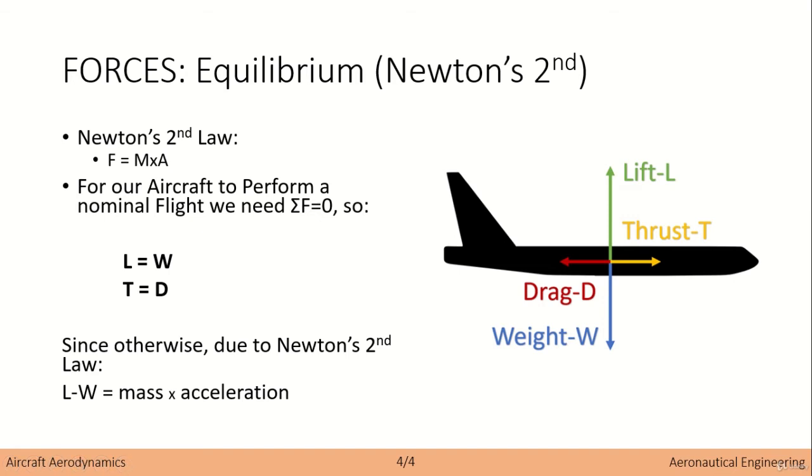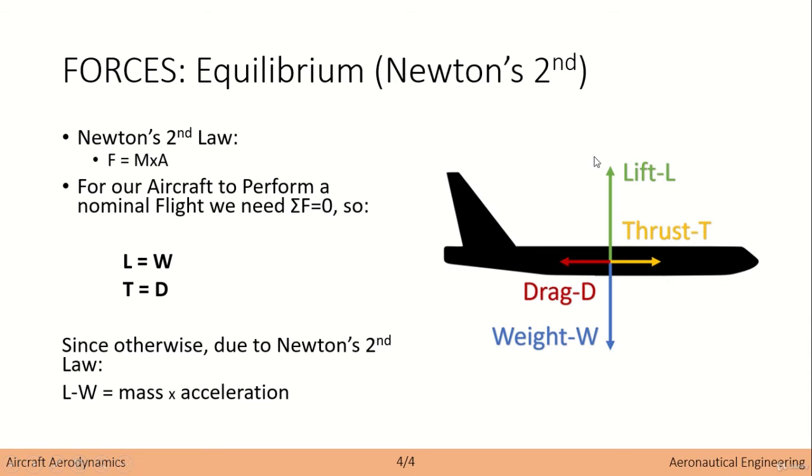One important thing to take into account is that for the aircraft, we need an equilibrium. As you may know, Newton's second law states that if you have a difference in forces, say that lift is actually bigger than weight, you can imagine that the aircraft will go upwards.